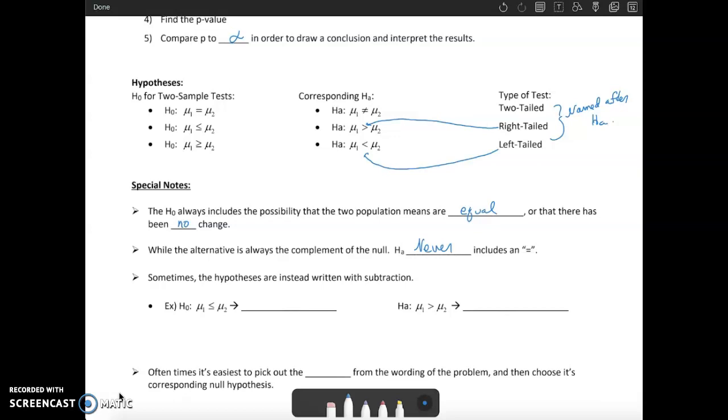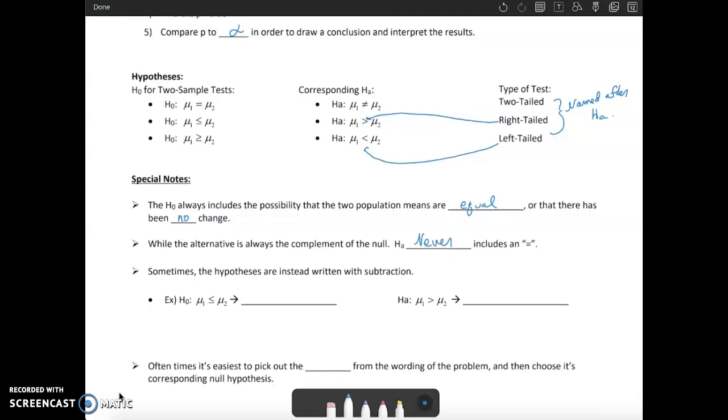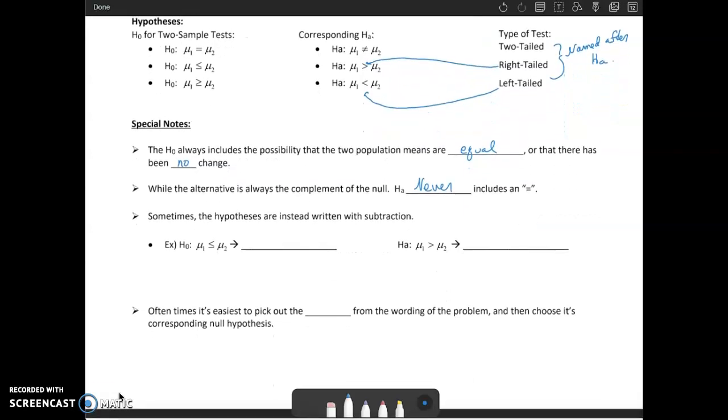Under our last special note, it says sometimes the hypotheses are instead written with subtraction. Depending on what text or what video you see online, you might see these hypotheses written two different ways. As an example, if we have the H sub naught being mu1 is less than or equal to mu2, that is the exact same thing as rearranging this by subtracting the right-hand side over.